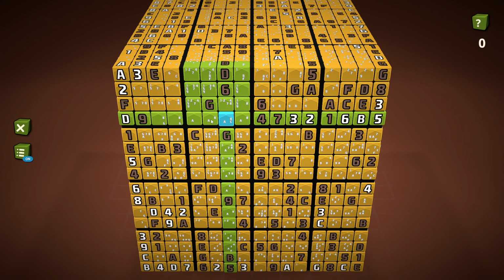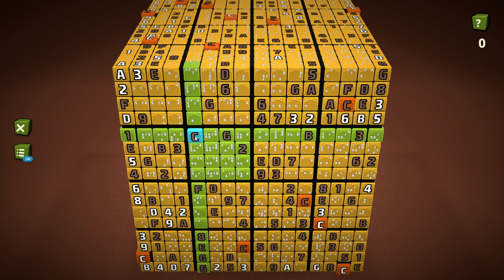Yep. So it can't be the left 2. This one could also be a C, it looks like.